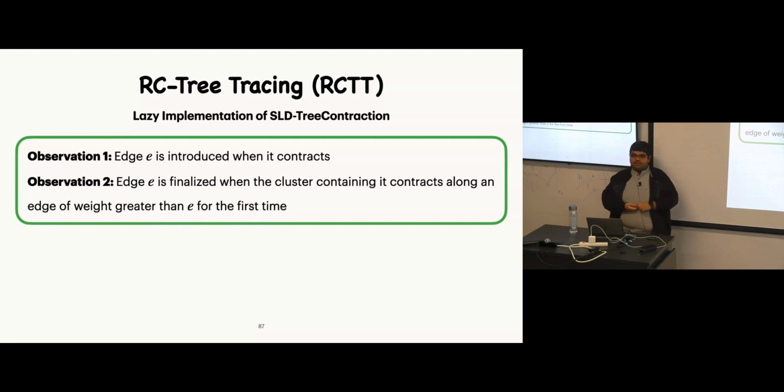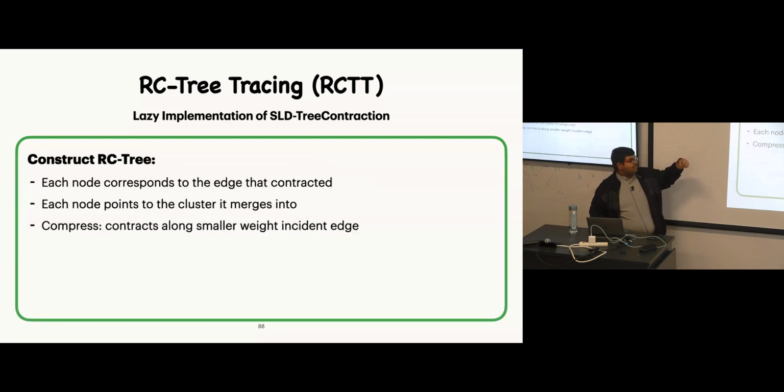So that's the first observation. Before that, it's not present in any of the spines. And once it is introduced, it remains in a spine until some other edge whose weight is greater than it comes and removes it from the heap, using what I described before. So given these two observations, we can actually do this process in a different way now.